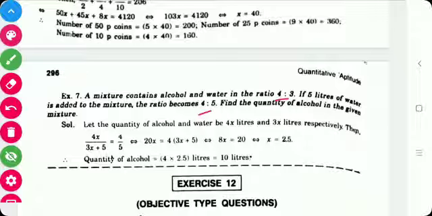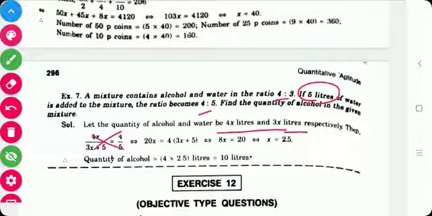Find the quantity of alcohol in the given mixture. Let the quantity of alcohol and water be 4x liters and 3x liters respectively. We write the equation: 4x upon 3x plus 5, as 5 liters is added, is equal to 4 upon 5.